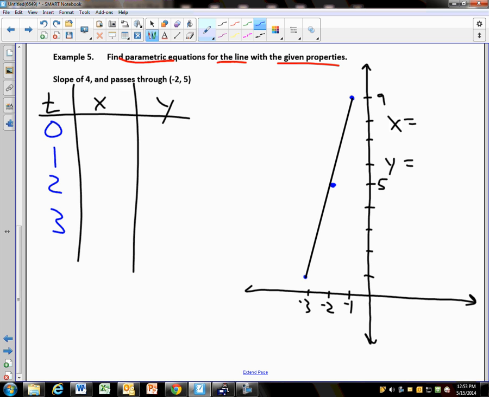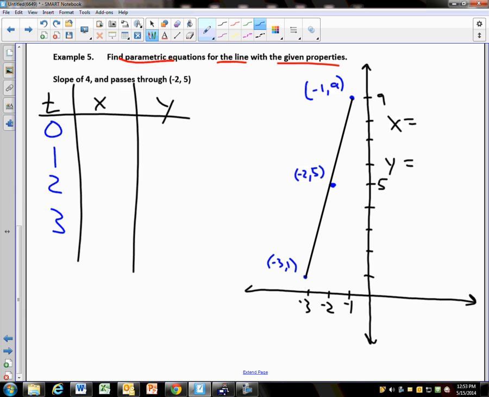We'll create some points. Now, which point would you like to start at? -3, 1, -2, 5, or -1, 9. You can choose. Okay, -3, 1 sounds good.